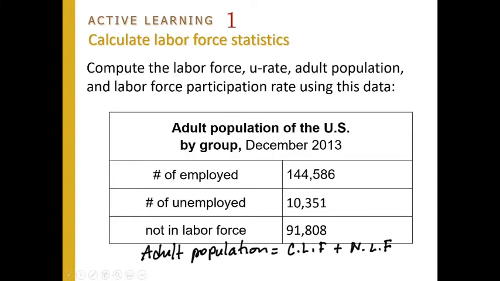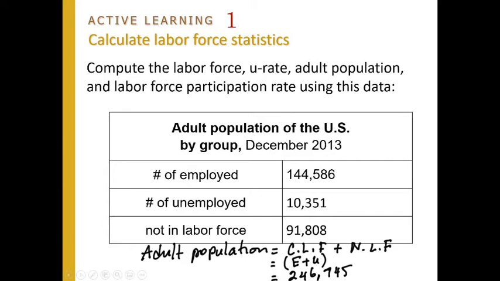Since the civilian labor force is both employed and unemployed, we can calculate this number. So basically, we need to add up all these numbers here. Okay, so I have 246.7 million in adult population.